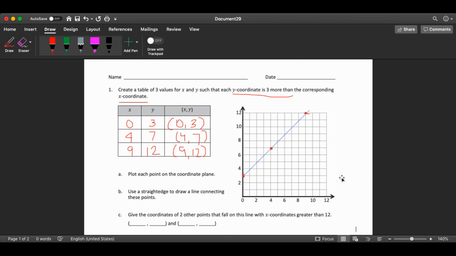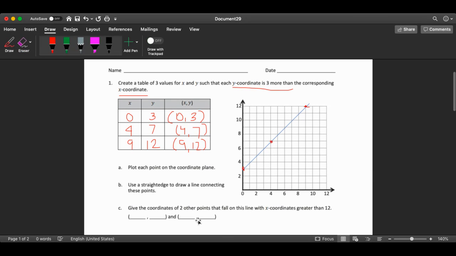Okay. All right, next it says, give the coordinates of 2 other points that fall on this line with the x coordinates greater than 12. So before ours were pretty small. So let's say anything over 12, it doesn't really matter.